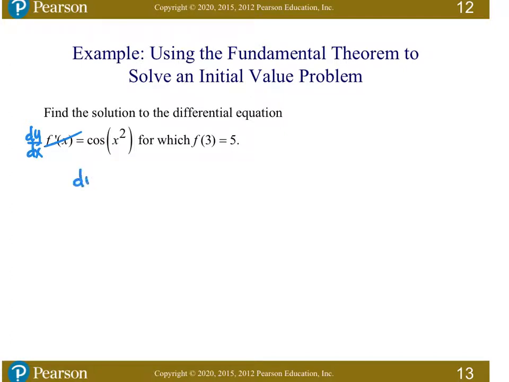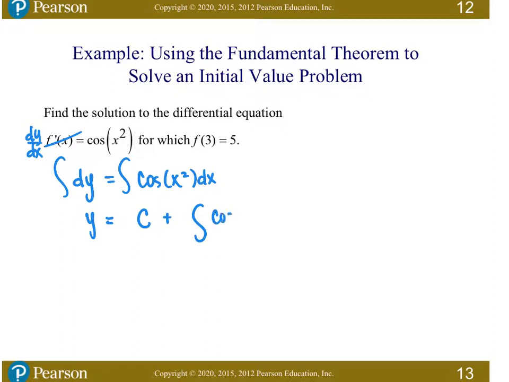So we'll have dy equals cos x squared dx, and then we'll integrate. And so we'll get y equals, now the cosine of x squared dx doesn't have an antiderivative. Okay, it's not cosine x, it's cosine x squared. And so we can't find the specific antiderivative, but we know that there's a plus c, and so the constant would be written this way.